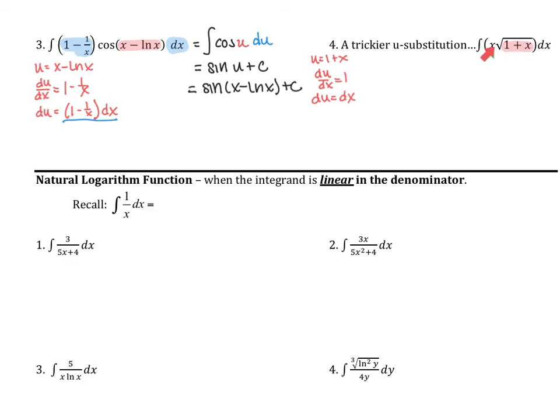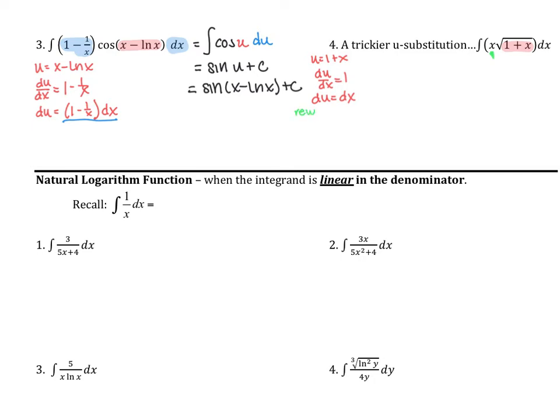So since I can't use traditional integration, and because right now my u-substitution is kind of failing me, I'm going to need to rewrite x in terms of u. Because I need to take the integral of this, I need to have everything in terms of u.